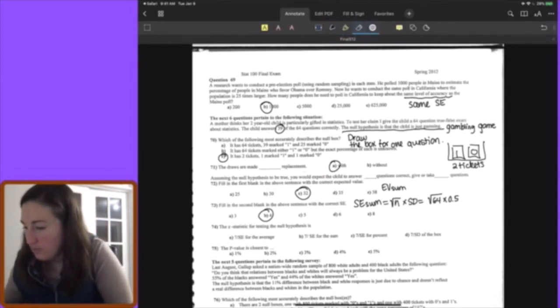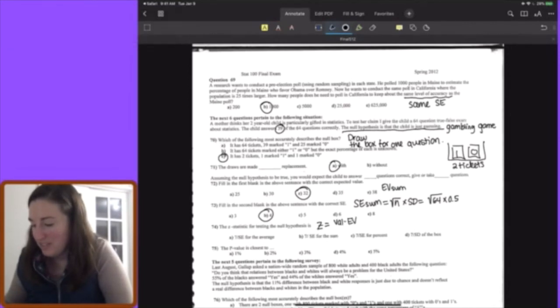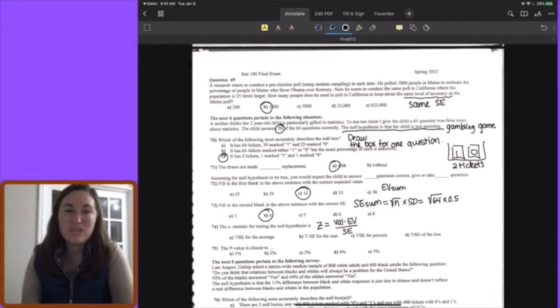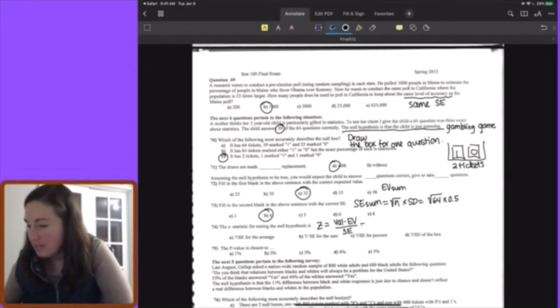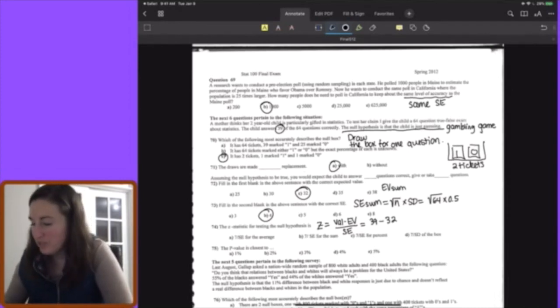So my z-score formula, again, is going to be value minus expected value divided by standard error, because again, I'm using box models, so I know I want to use that z-score formula. And my value is 39. My expected value is 32 from question 72. And then my standard error is 4. So I have 7 over 4.